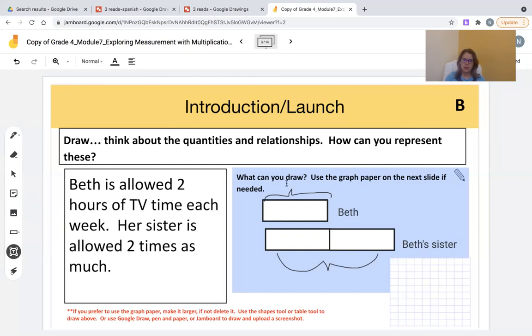I'll use a text box. Here I have drawn to show a quantity and a relationship, Beth and her sister, and how they're connected. Let's continue to the Explore section.